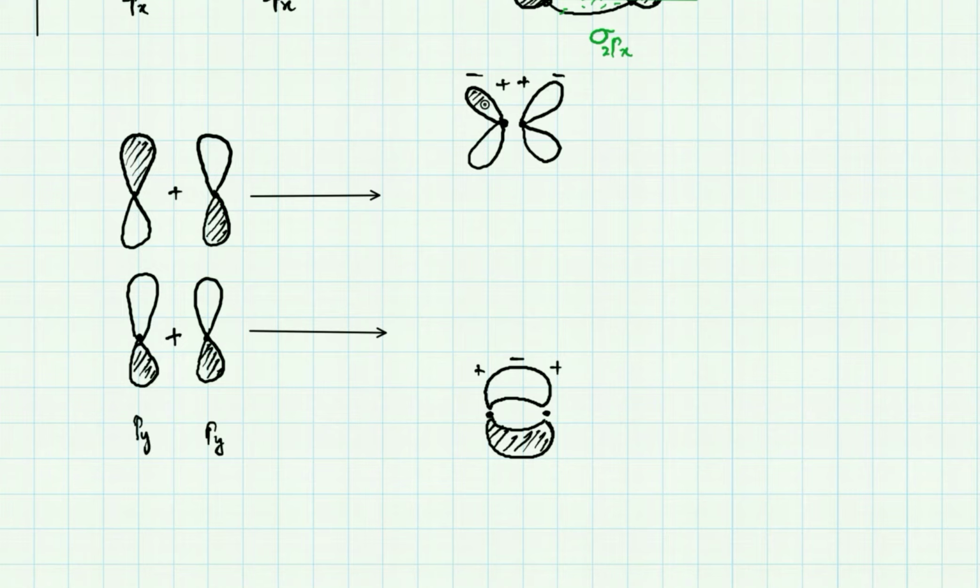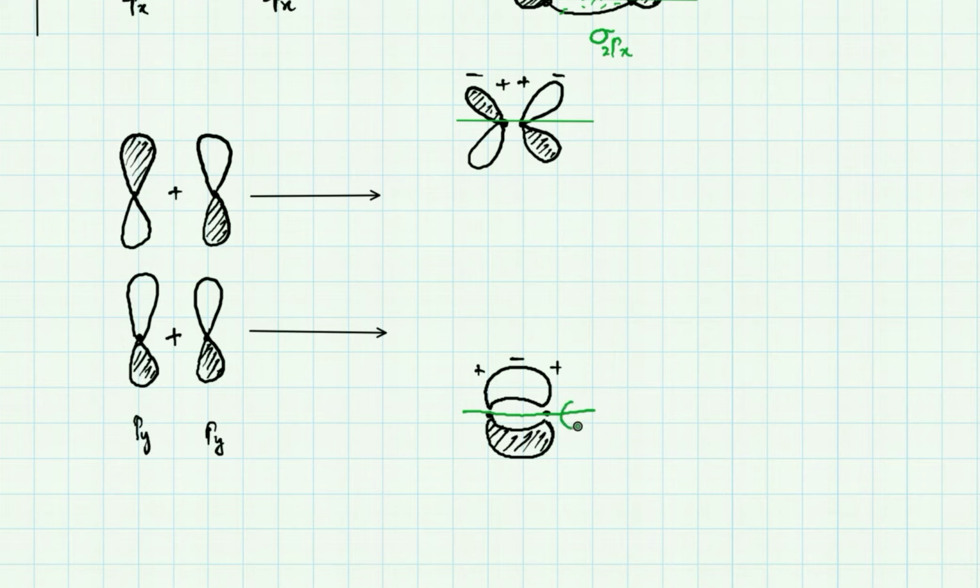When we talk about these two p orbitals, here the phases are shown so that this one has electron density away from this line, above this line and below this line. Similarly here, electron density above and below.